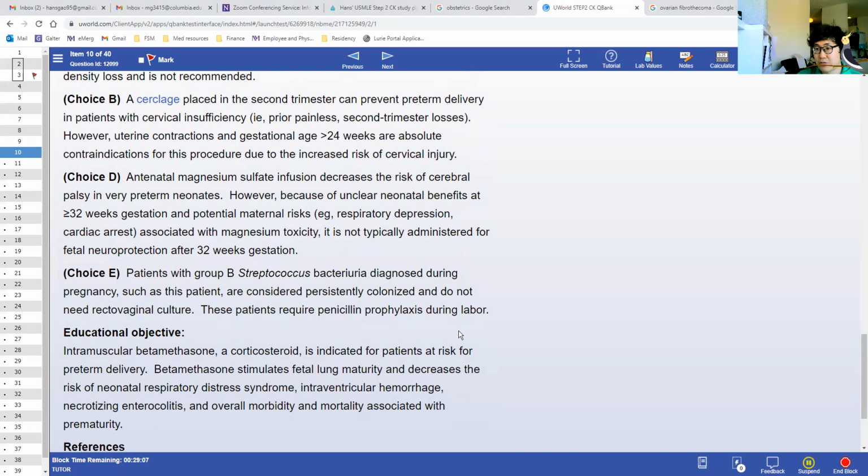All right, so for the group B strep part, because she had group B strep bacteria, she is considered persistently colonized. So I guess you don't even repeat that test, even if you had time. You just give the penicillin.